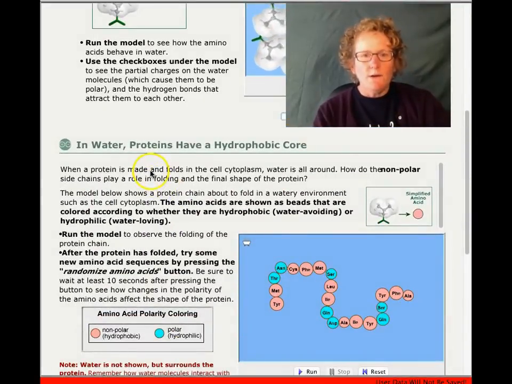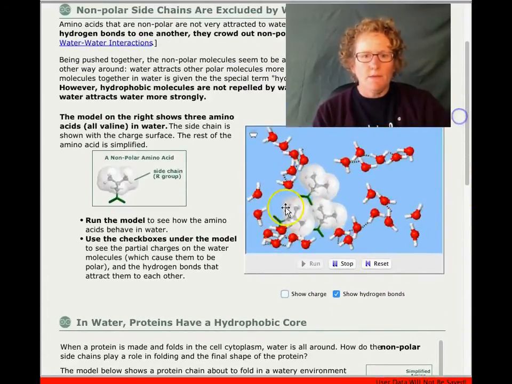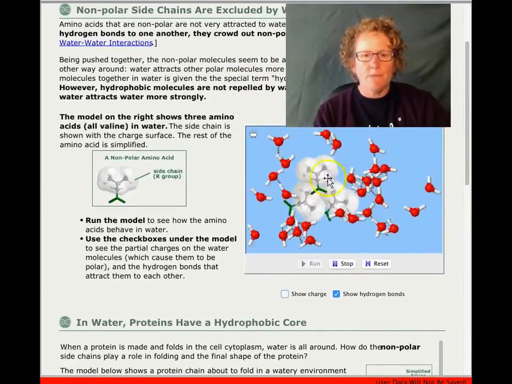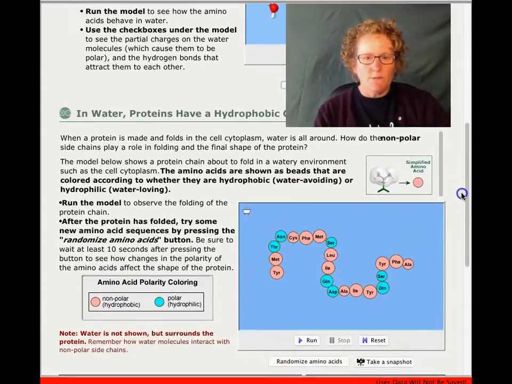So in water, the hydrophobic parts of the protein, the amino acids that don't make hydrogen bonds with water, like this one here, like valine, something's going to happen to them. Let's watch what happens. I'm going to run it.